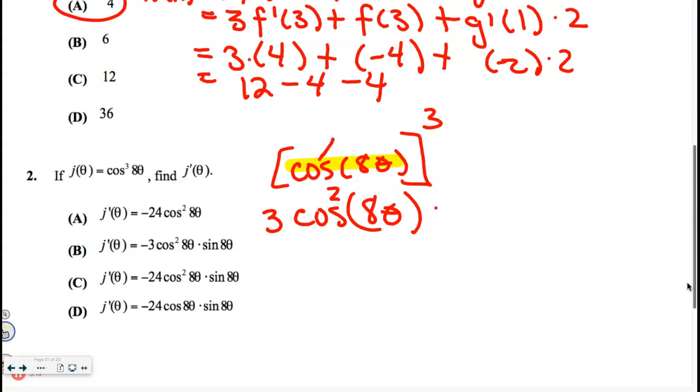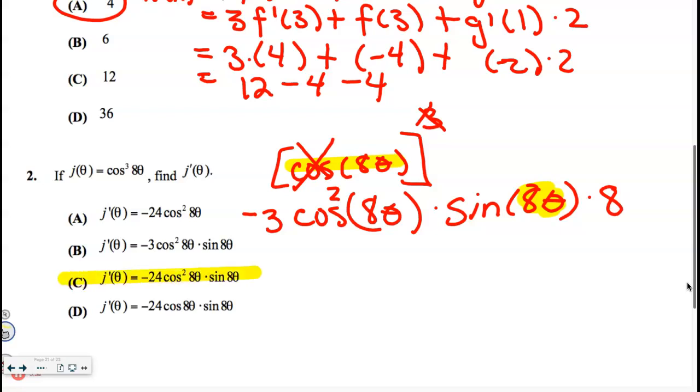Okay, the derivative of cosine is negative sine of its guts times the derivative of its guts, which is 8. So it looks like I end up with a negative 24 cosine squared 8 theta times sine of 8 theta once I put my two constants multiplied together out front.